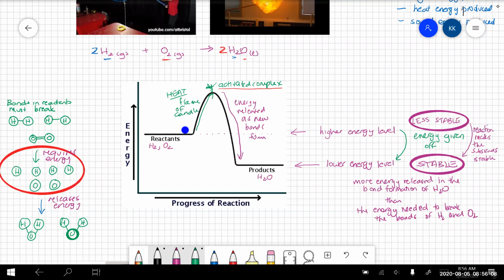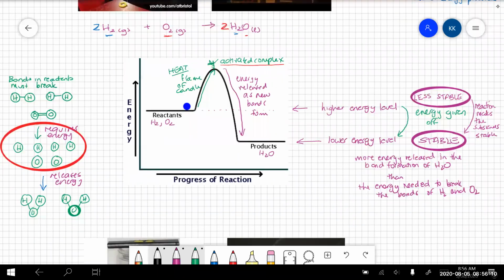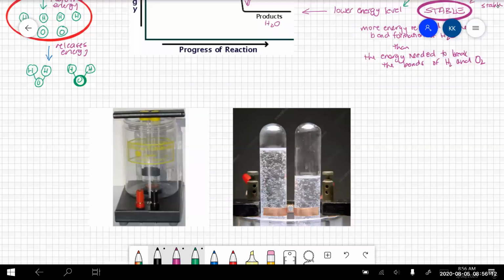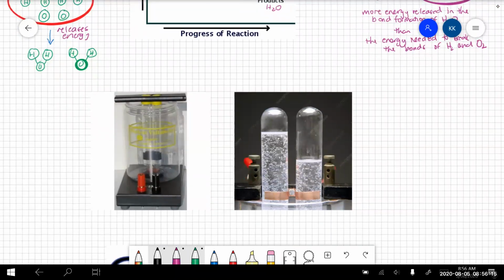So that's why a combination reaction happens. But what about a decomposition reaction? Because we can actually cause this reaction to go backwards. So we can take our 2 waters and we can turn them back into the 2 hydrogens and the oxygen.